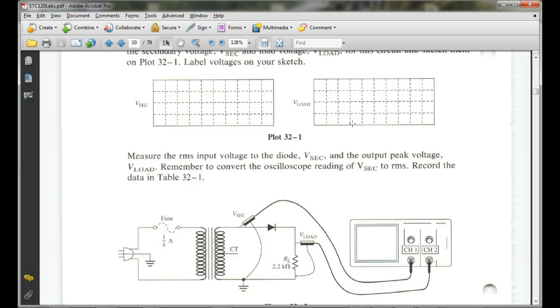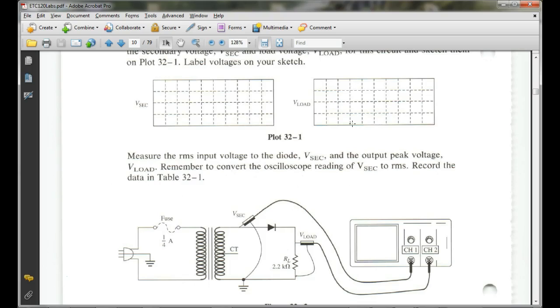Now, they say channel 1 is going to be across the primary, and channel 2 is going to be across the load. But up here, they don't say channel 1 or channel 2, they say secondary and load. So if you hook channel 2 across the secondary and channel 1 across the load, it's not going to make any difference.